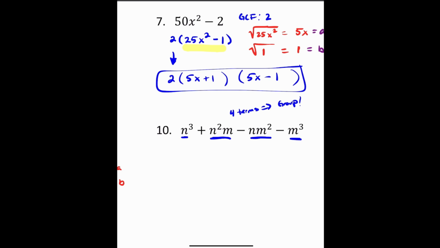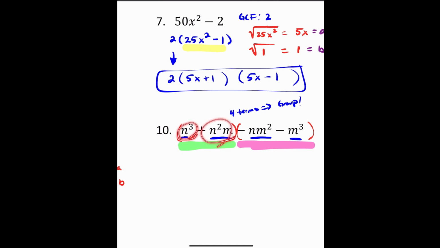So meaning we group the first two terms and we group the last two terms. So we're going to take the GCF of the first group and then take the GCF of the second group. So what's the GCF of the first group?